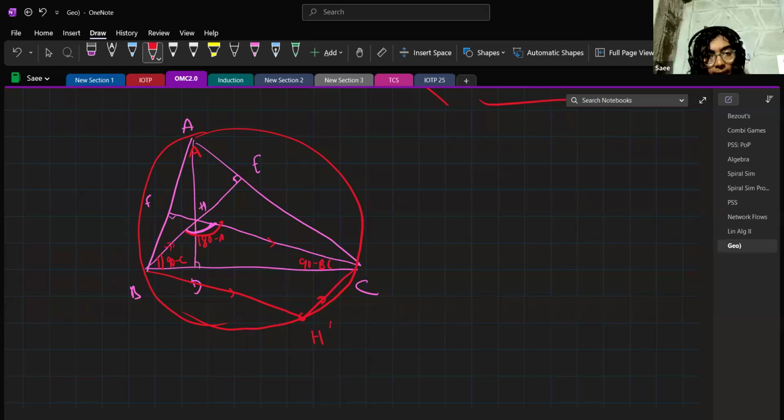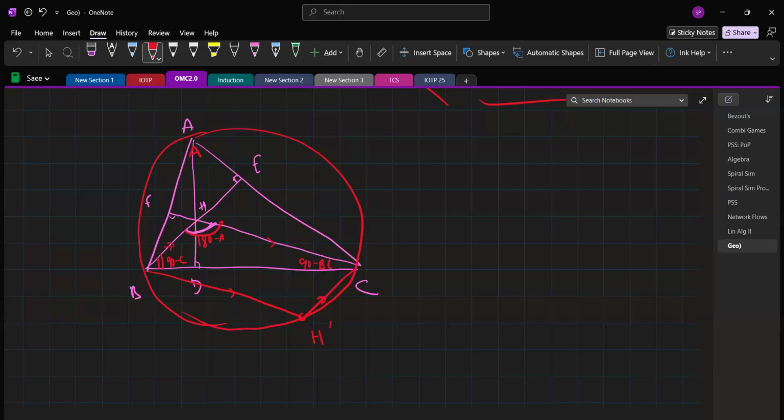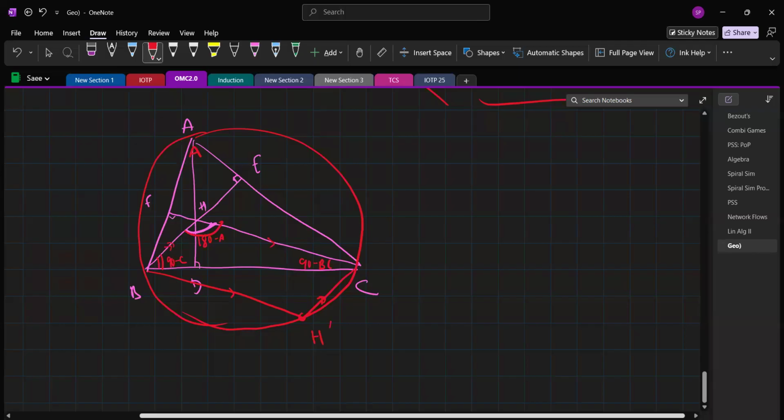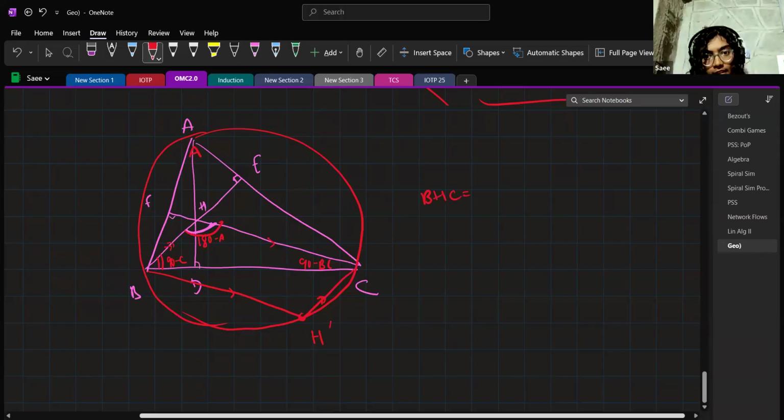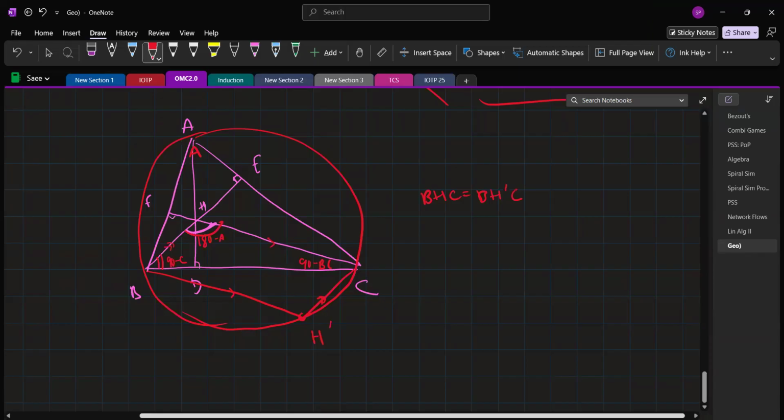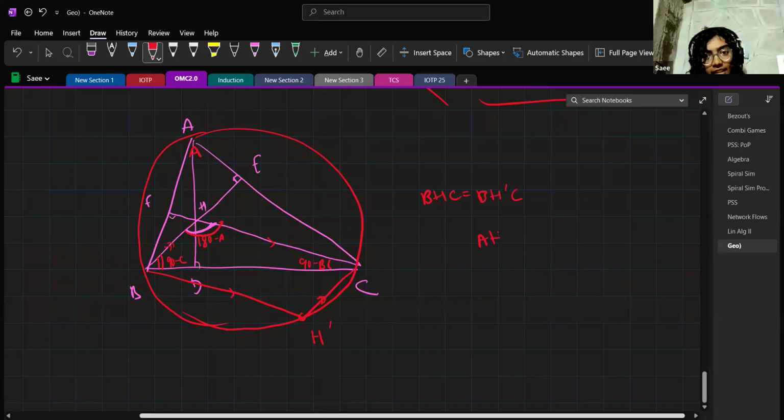Do people see why? Because the angle BH'C is the same as BHC, and that's 180 minus A. And in fact, we can say a bit more. AH' is the diameter.